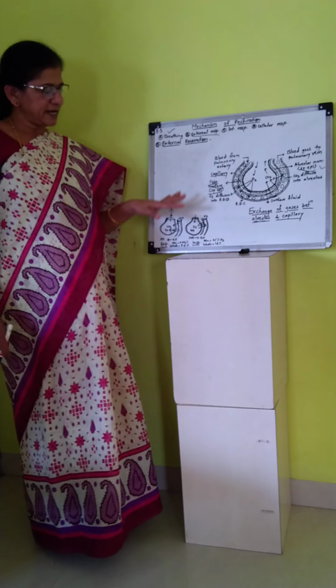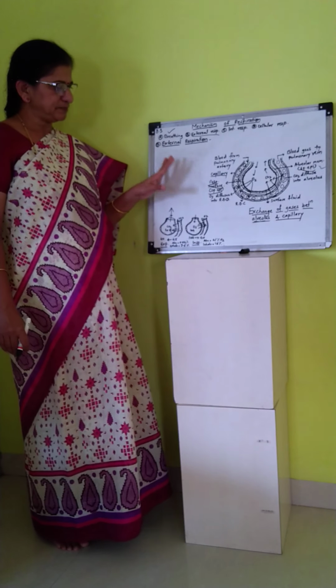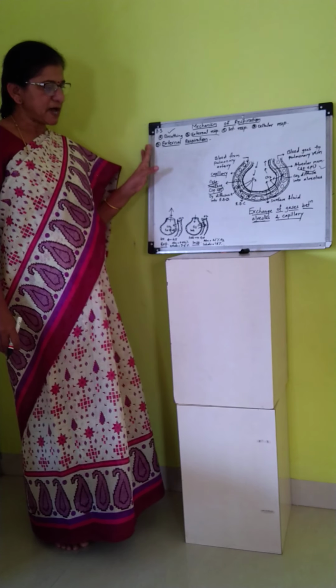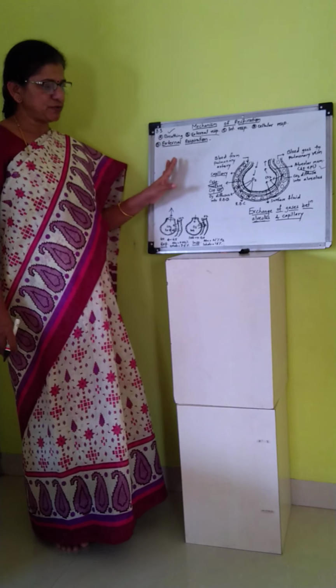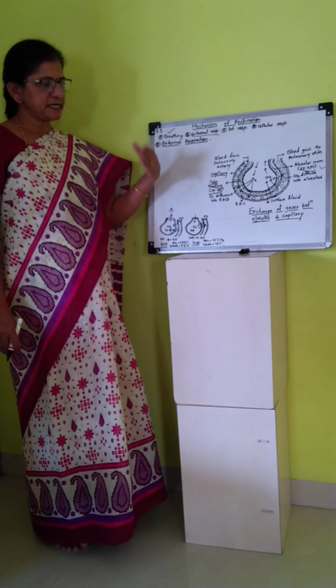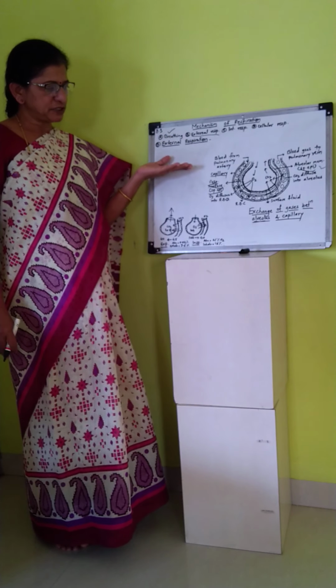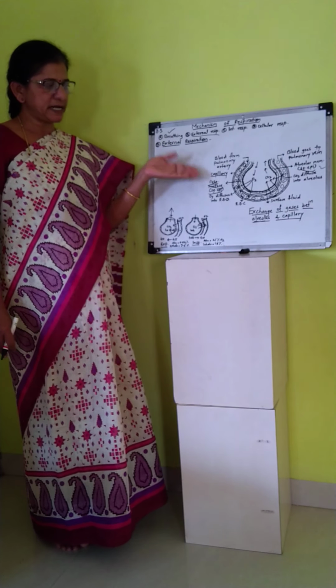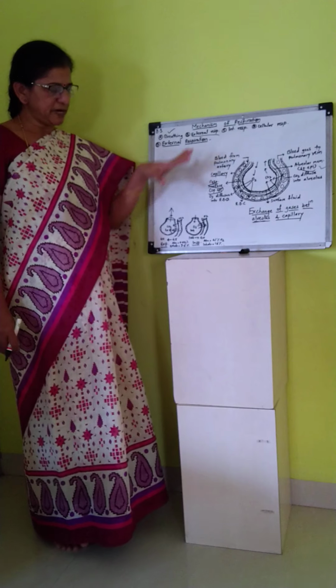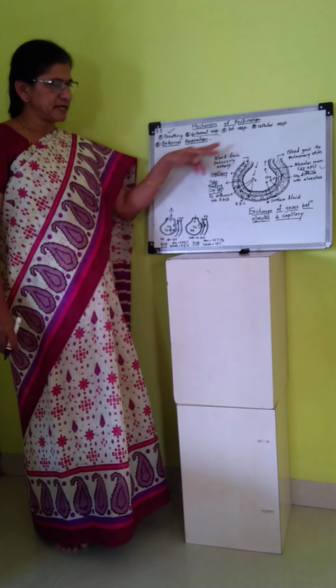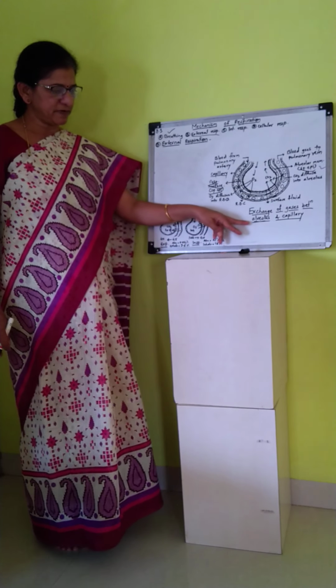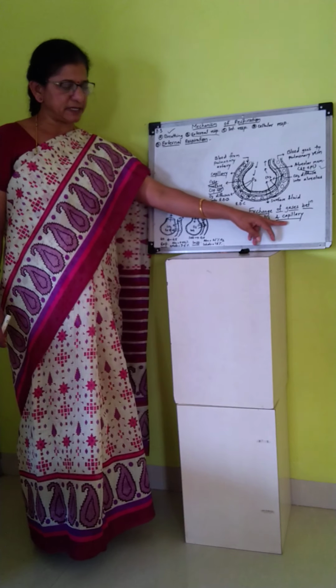And at the end, we have studied the partial pressure of CO2 outside and inside the blood, and the partial pressure of oxygen outside and inside the blood. Depending upon that, this gaseous exchange occurs between the alveolus and the capillary network.